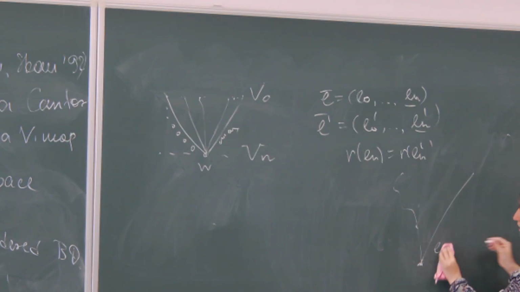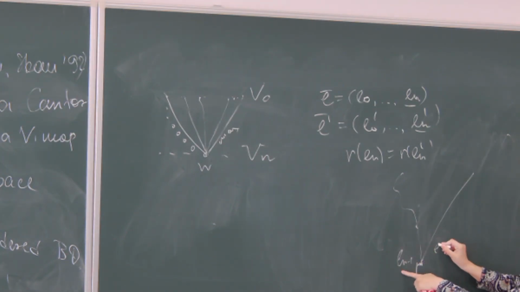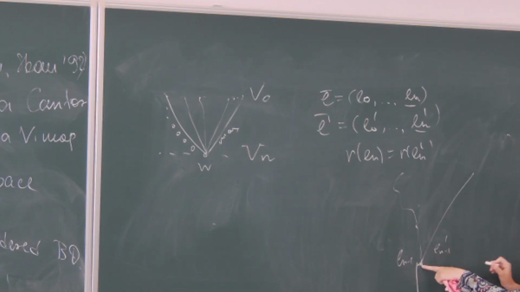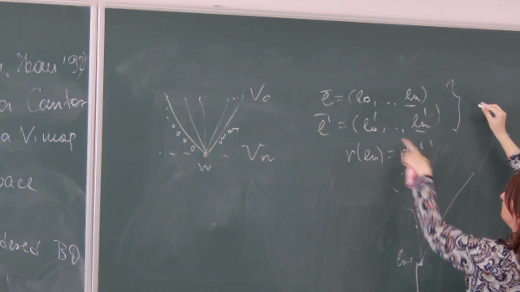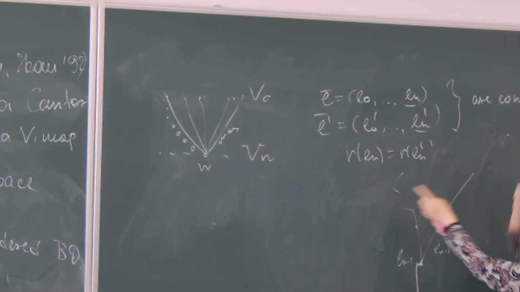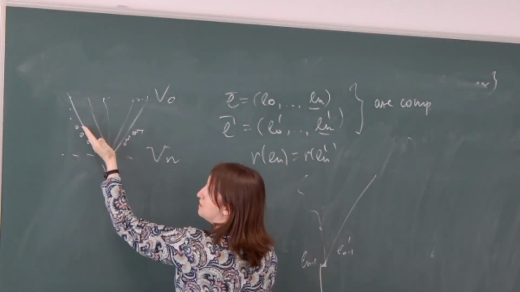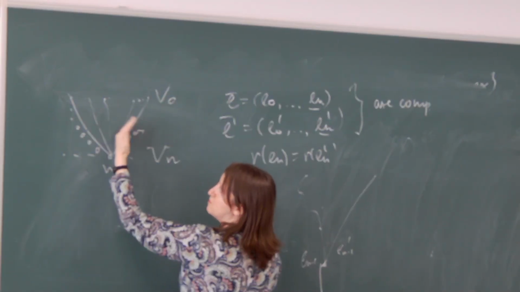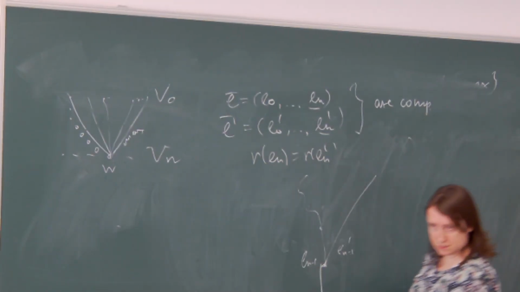If they are the same, that means that the previous edges, e_{n-1} and e_{n-1} prime, have the same range and again can be compared. So we can compare any two such paths. And the Vershik map will map, for instance, this minimal cylinder set to the next one, to the next one, up to the maximal, using this lexicographical order.